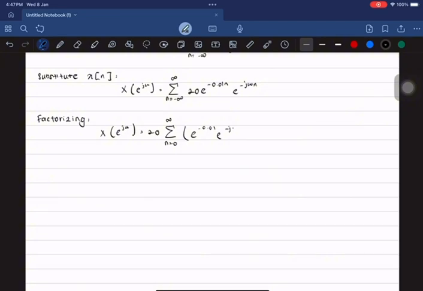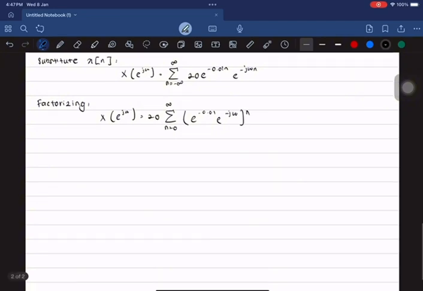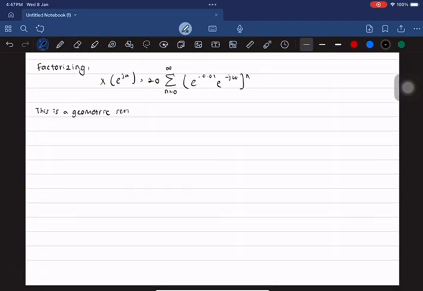Now I write the geometric series, where the sum is valid if the modulus of r is less than 1.